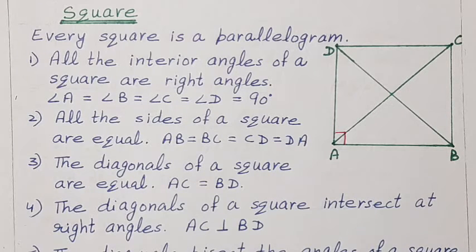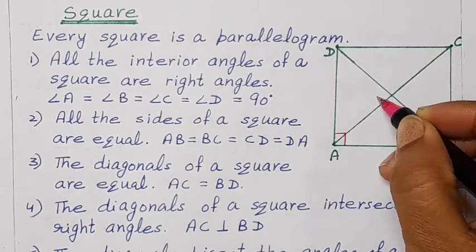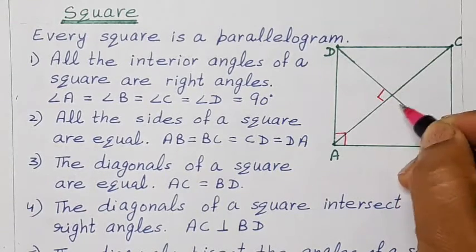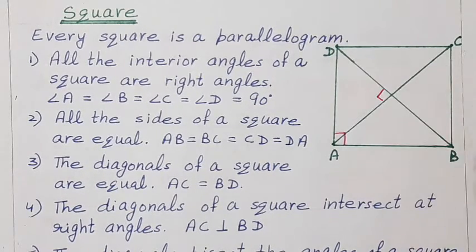Now the next property is, the diagonals bisect the angles of a square. That is, at the center all the angles are 90 degree each, since the diagonals bisect each other at 90 degree.